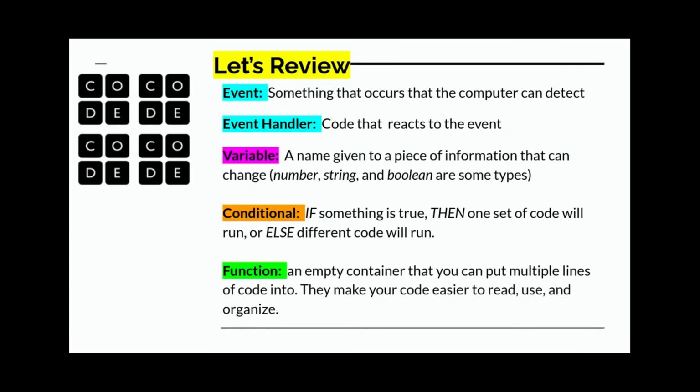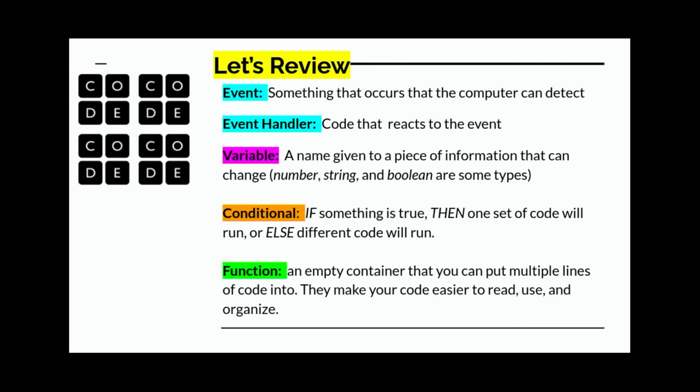Very common events are a mouse click on a button, for instance, or someone using their arrow keys on their keyboard. An event handler then is code that reacts to that event. So if someone clicks on the button that says go, you write an event handler that tells the computer what to do when somebody clicks on that button.